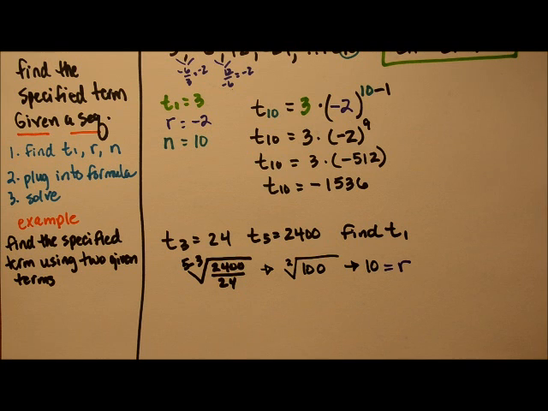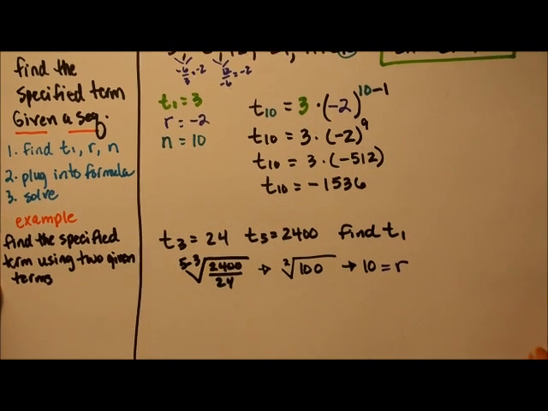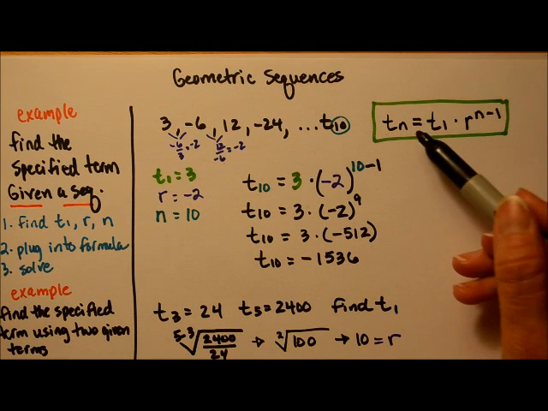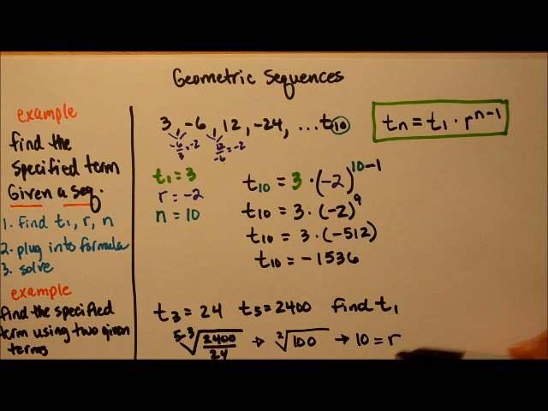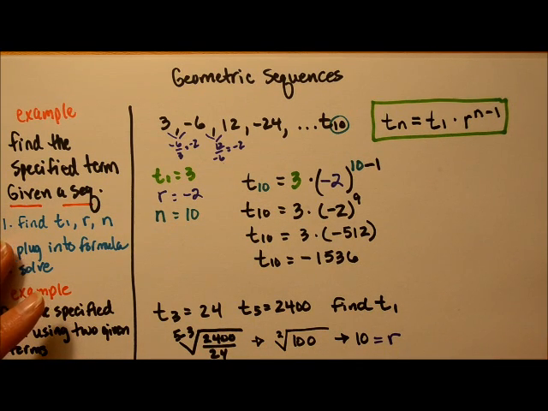And then looking at this equation, I have r is 10. I need n, and n is 1, right? Okay, n is 1.